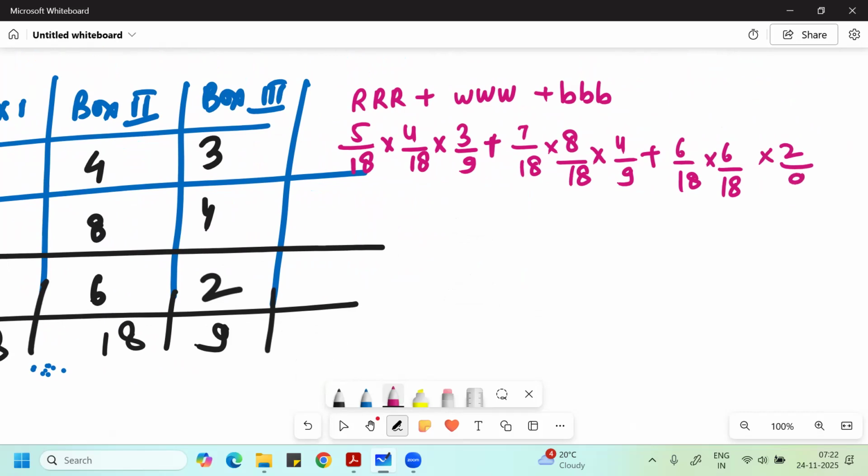So just solve this. This is 1 by 3, this is 1 by 3. That's why I don't want to touch the denominator. This is 2 by 9.